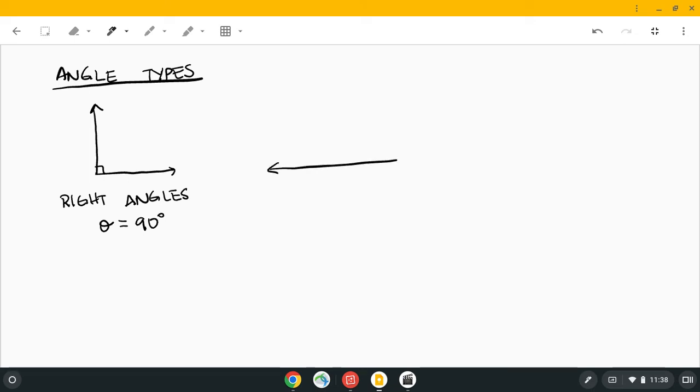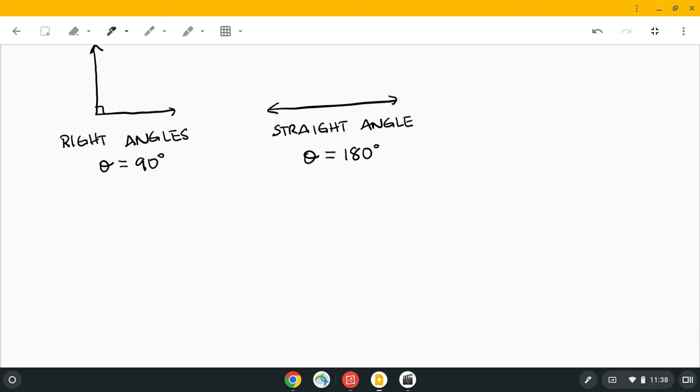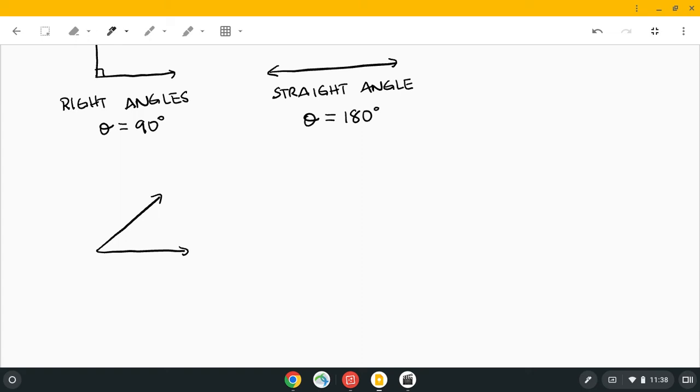And then we have straight angles. And here, this would be 180 degrees. And then we have the acute angle. Okay, so here we have an acute angle.